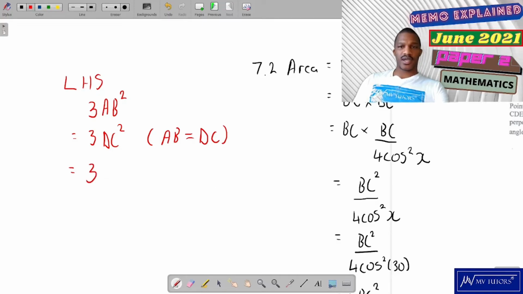So now all we have to do is take the DC. DC was there, it is again, substituted over there. So DC is actually, let's put it in brackets so that we'll square it, it's BC divided by 4 cos squared x. And this whole thing must be squared.